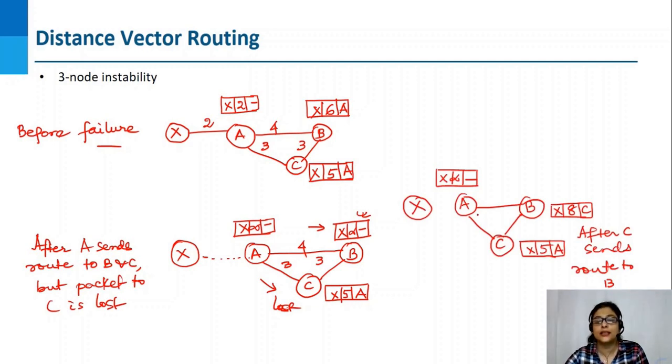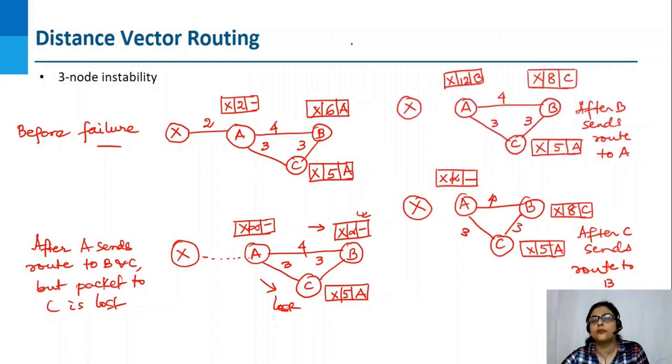So C has no means of updating its routing table. Now see what it does. Without the knowledge of A's message, it then sends its own message to B. Now B knows that the next hop to X will be C. So it updates its routing table with this information, X, 8 and C, because 5 plus 3 becomes 8.